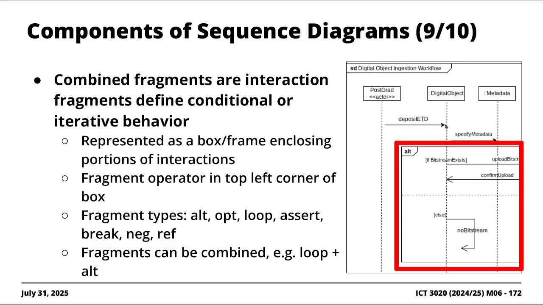It's a message invocation, right? It's an invocation message. So is specify metadata. So is upload bitstream. So is confirm upload, or they should have been dashed. And then the no bitstream is a self message because it originates from the same object and terminates on the same object as well.